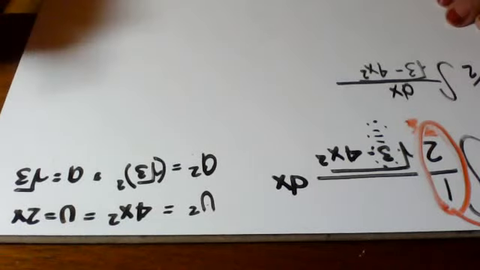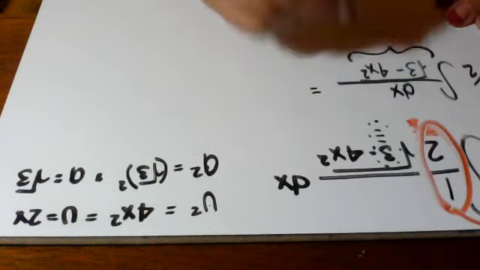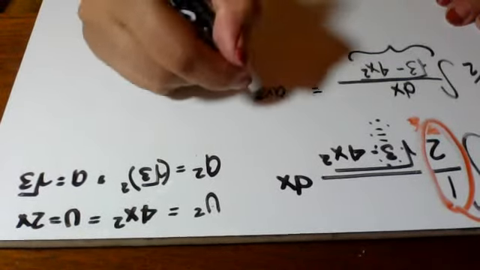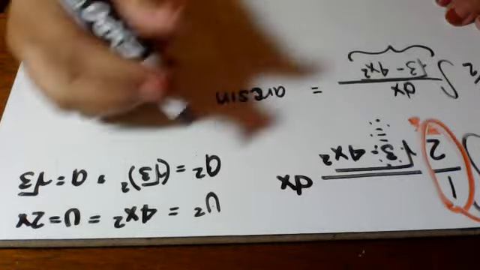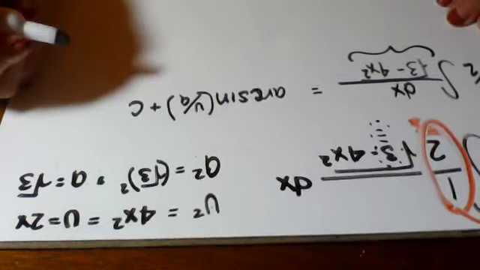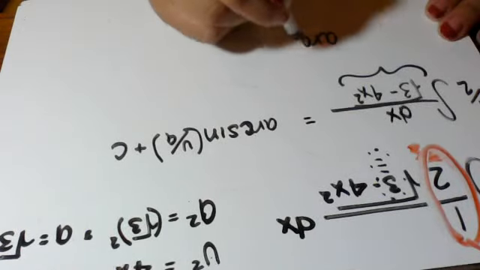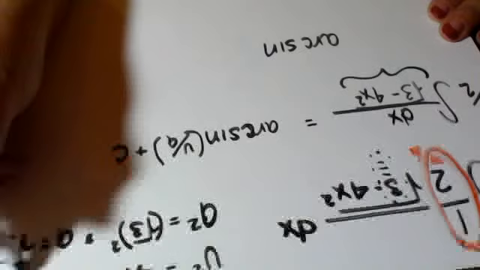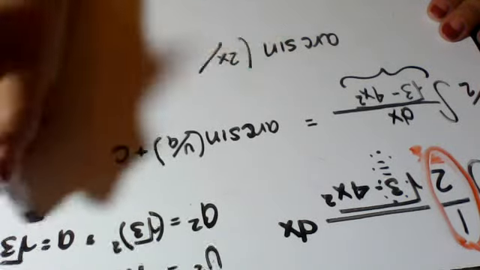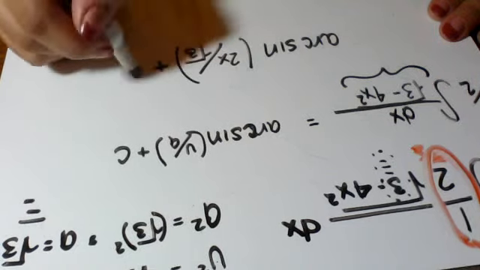So we can assume that this beautiful thing is arcsin, so it's arcsin of U over A plus C. So I will go arcsin, my U is 2x, and my A is the square root of 3, plus C.